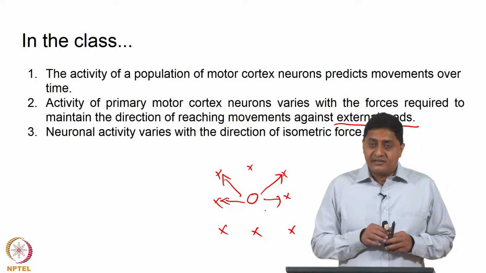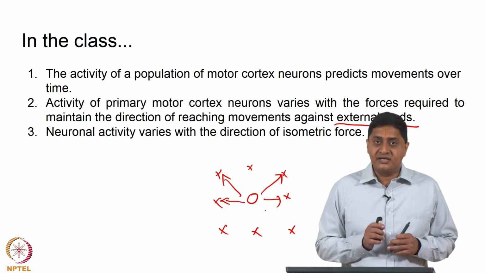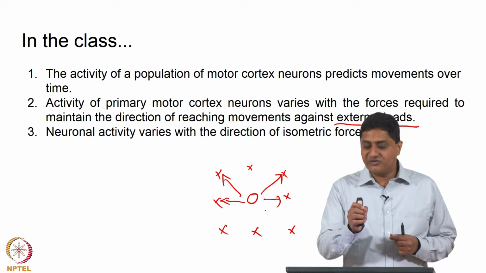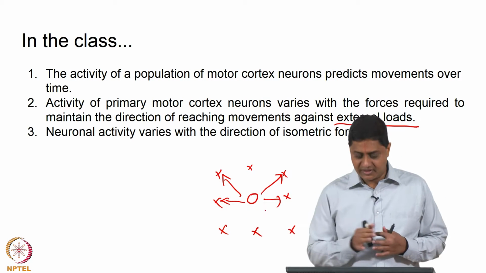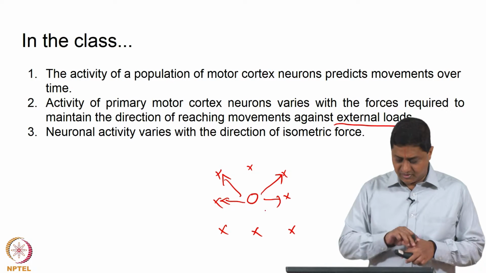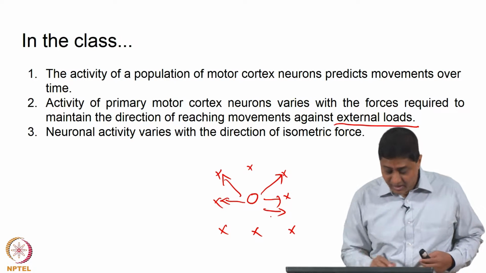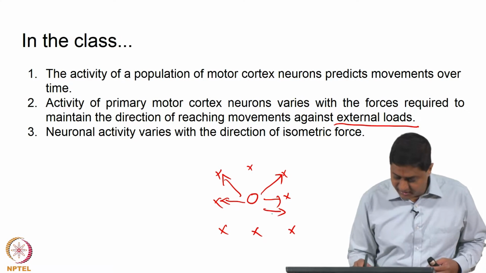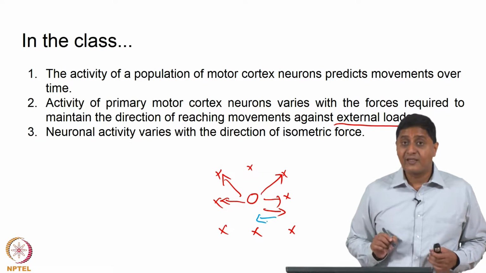If I add an external load that either partially or completely opposes the movement, suppose the monkey is trying to make the movement toward the right and the external load is acting in the opposite direction, what will happen?